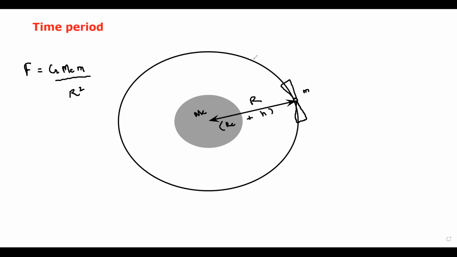And because this satellite is revolving around the Earth, whenever an object moves in a circular path, there is a force we call centripetal force, and centripetal force is equal to m, the mass of the object, v squared, the speed at which the object is moving squared, divided by r.